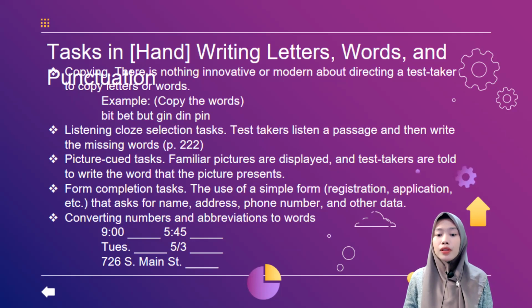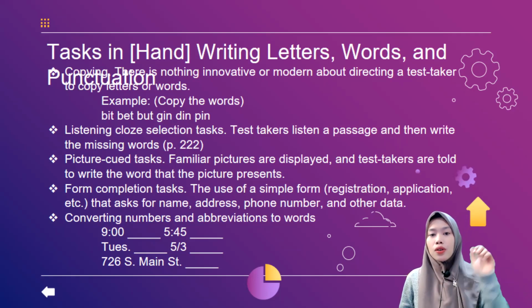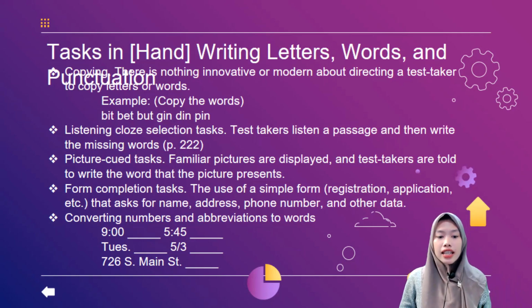The use of a simple form, like registration or application forms, that asks for name, address, phone number, and other data. And then the last is converting numbers and abbreviations to words, like 9 a.m. or 9 p.m., converting numbers to words. So write it down in alphabet. And then Tuesday, and then the name of the street.